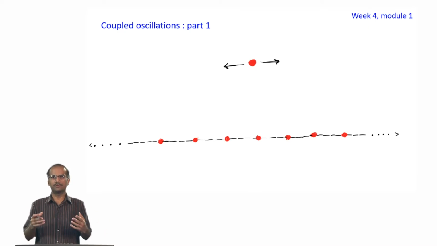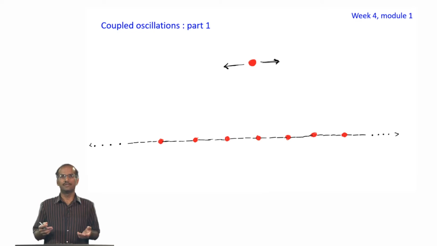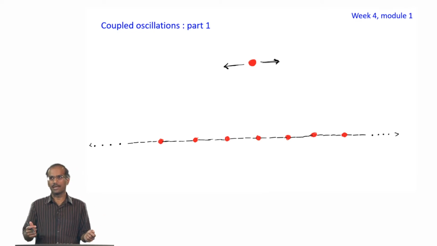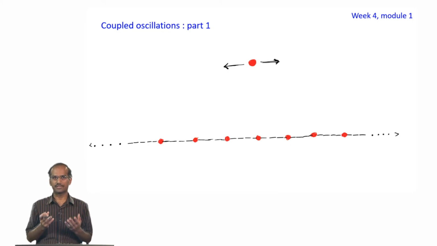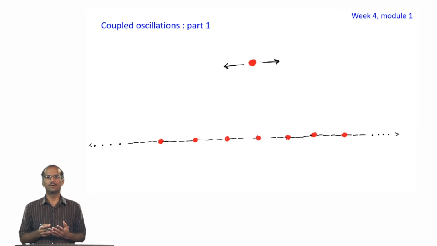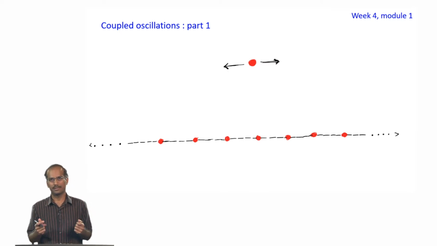In principle, we want to study what happens if I couple a large number of particles, maybe 10 power 23 atoms, Avogadro kind of number. It is going to be fairly complicated. So, let us begin by first starting to learn what happens if I couple just two of them.